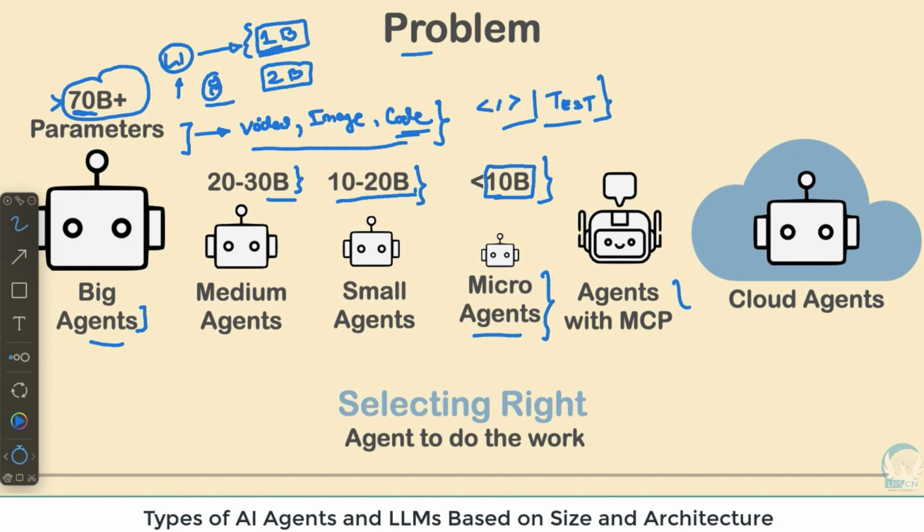Then there are certain agents to which we give access to MCPs. What MCP is, we'll see in a moment, but you can see it as a gateway for the agent to know about your work. For example, if I have my specialized work and I provide an interpreter, the agent gets an interpreter, and whatever my work or project activities are, this interpreter translates those activities to the agent.